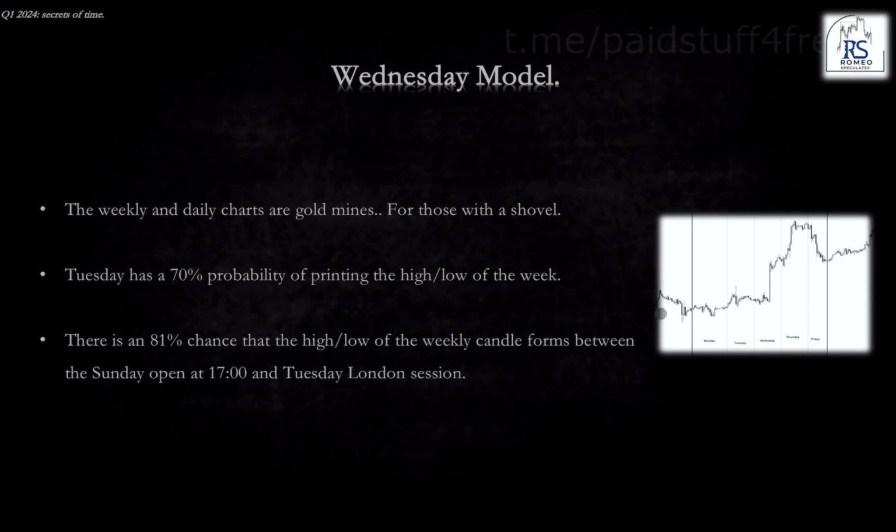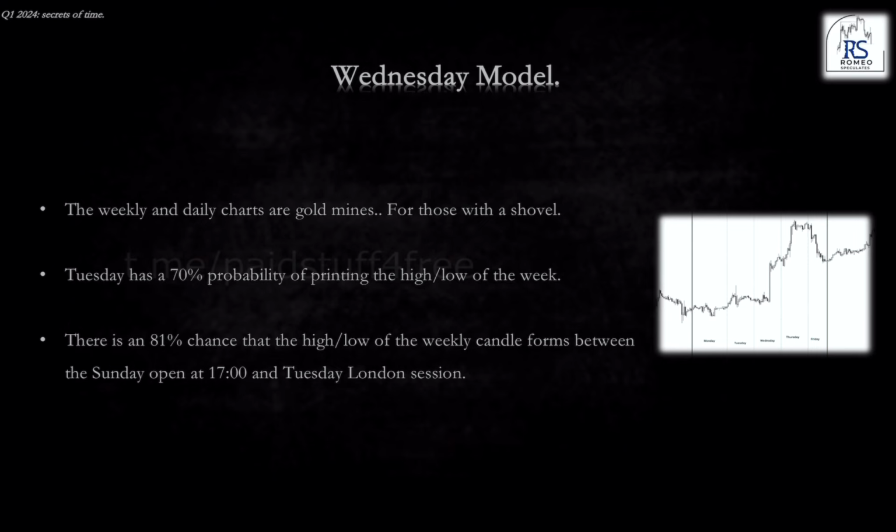And in it, we'll see an important phenomenon, which is there's an 81% chance that the high or low of the weekly candle forms between the Sunday open and the Tuesday London session. And there's a 70% chance of Tuesday printing the high or low of the week.